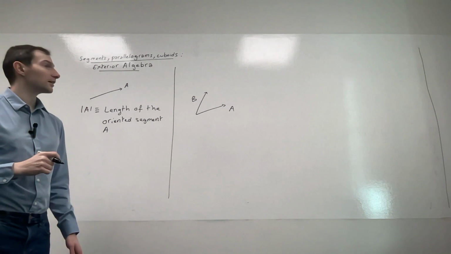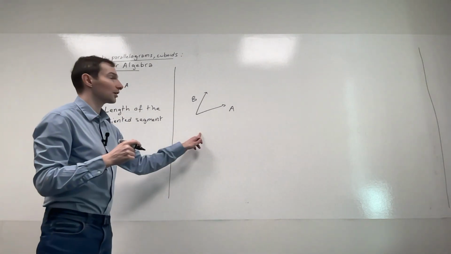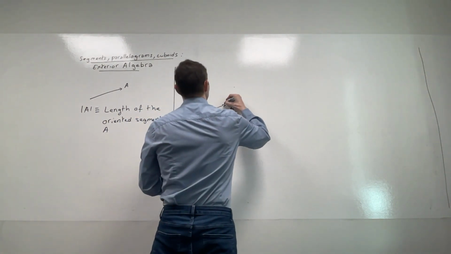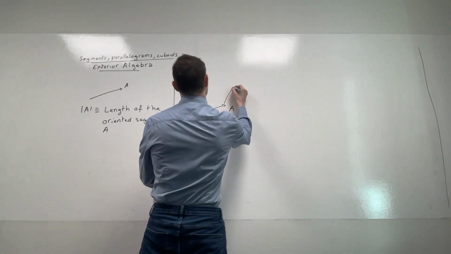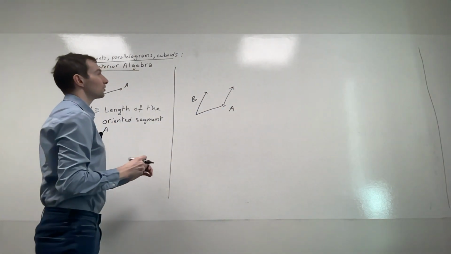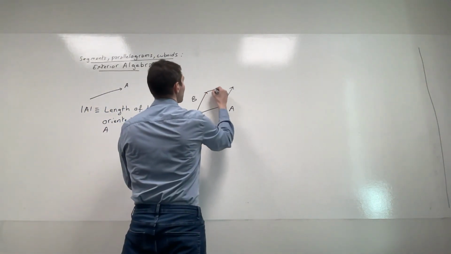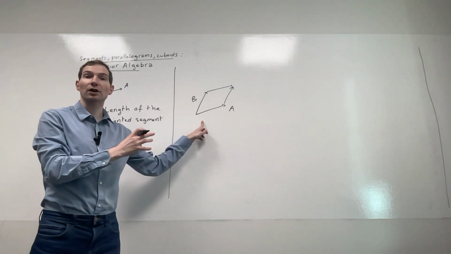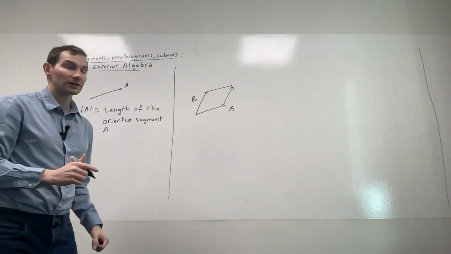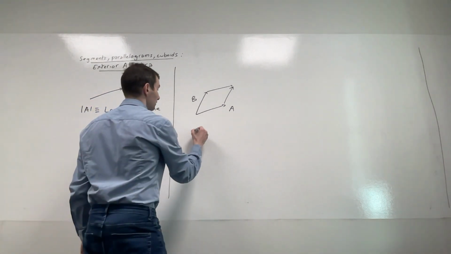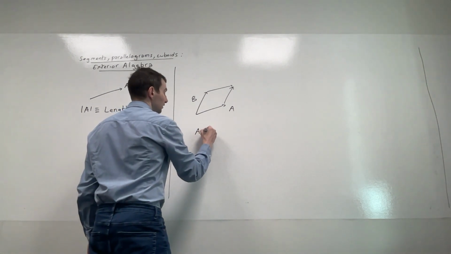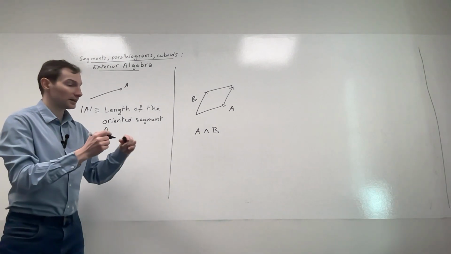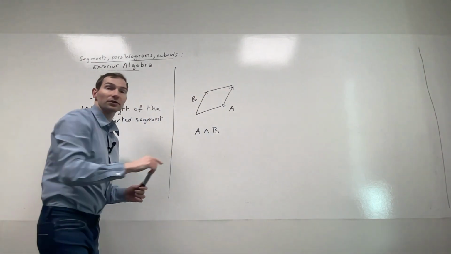Okay, and the thing that is interesting is that from this particular object, as you know, you can construct a parallelogram. And that's what the exterior algebra allows: you can create an algebraic object that is denoted A wedge B. Okay, and this A wedge B characterizes the entirety of this parallelogram.